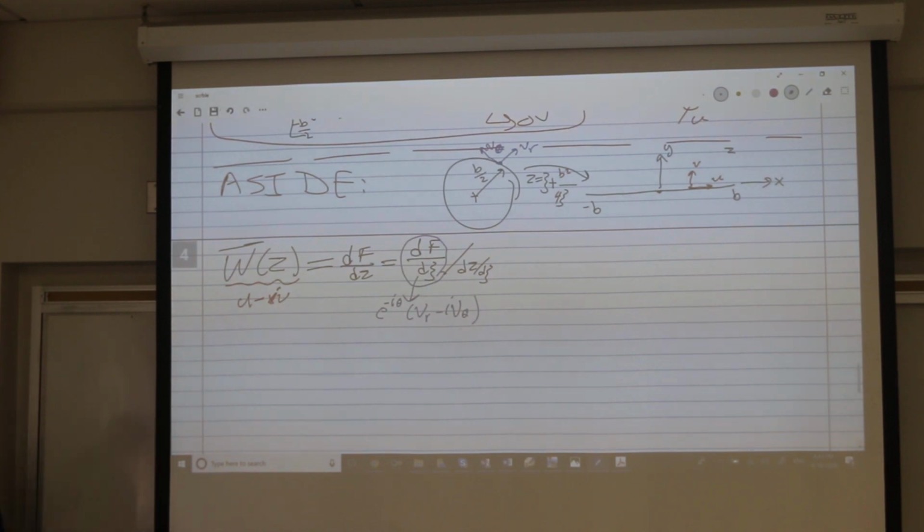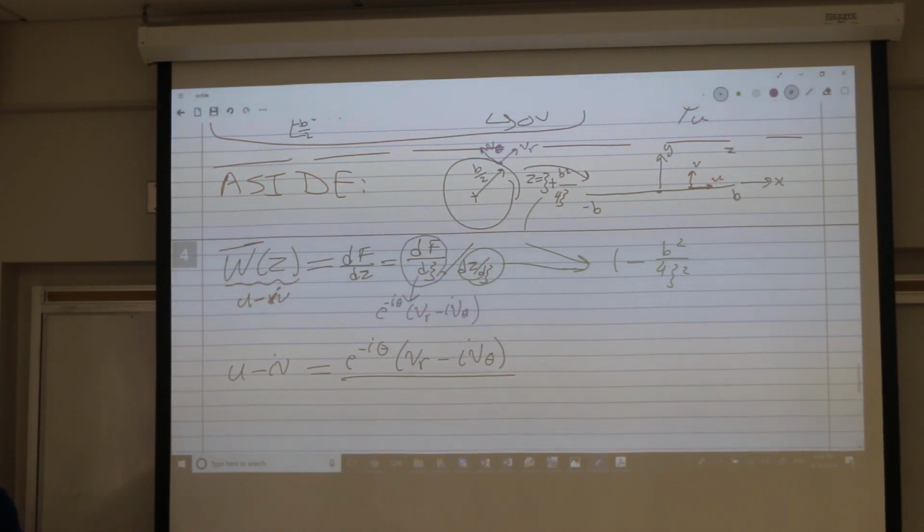And dz by d zeta, we can get it from this relation. It's 1 minus b squared over 4 zeta squared. So u minus iv equals e to the negative i theta, V_r minus i V theta divided by this green guy.